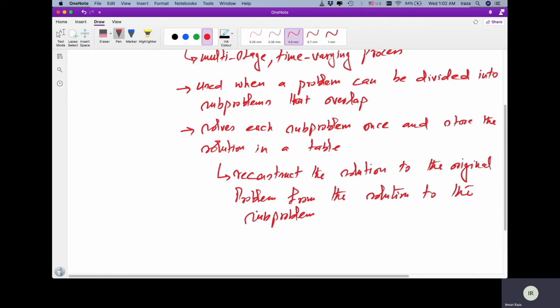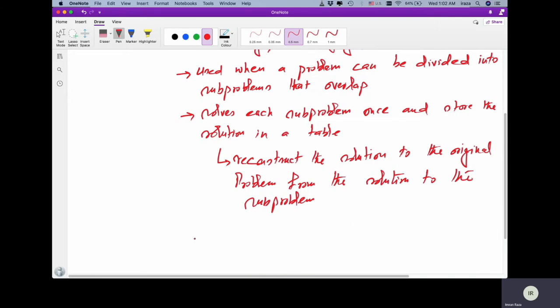That's why if more overlapping is there, this will reduce the number of subproblems. Usually, dynamic programming is used to solve optimization problems.